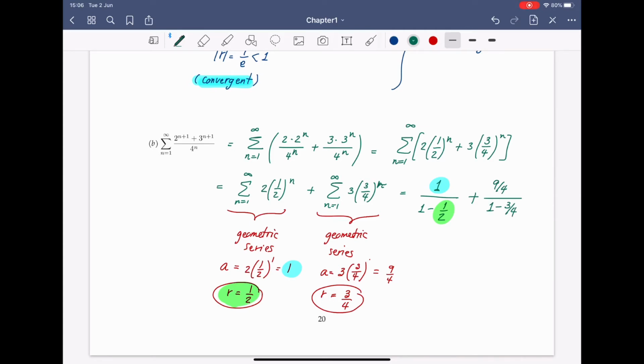Because this is a over 1 minus r for a geometric series. Once you simplify this thing, you get 2 plus 9, which is 11. I will leave it as an exercise to simplify this. So at the end, we know that the series converges to the real number 11.